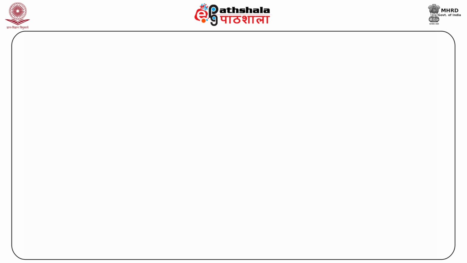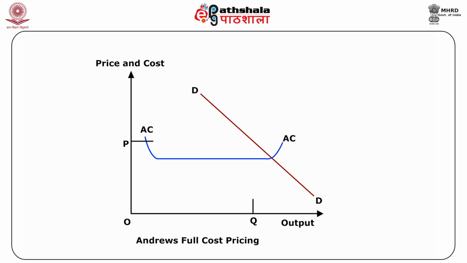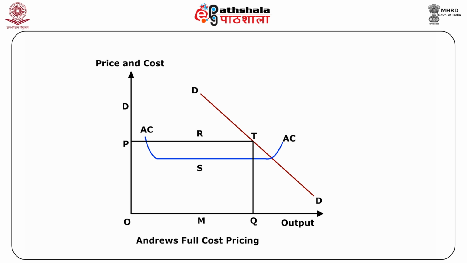In the figure, price and cost are measured on the y-axis and output is measured on the x-axis. AC is the average direct cost curve faced by the firm, which is saucer shaped. The average direct cost curve initially falls, then remains constant for a large range of output, and then eventually rises as the level of output increases.